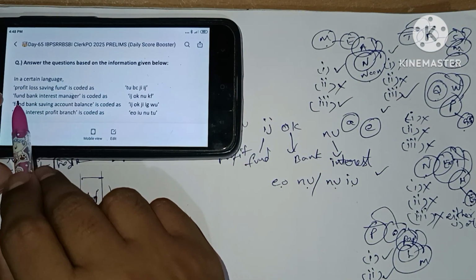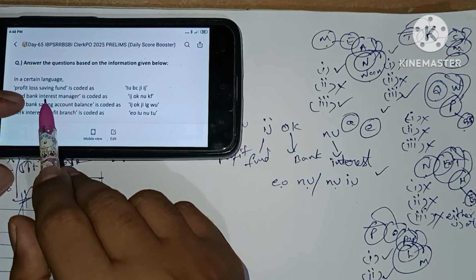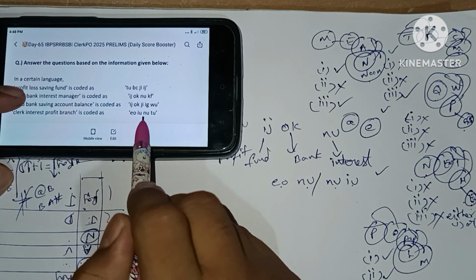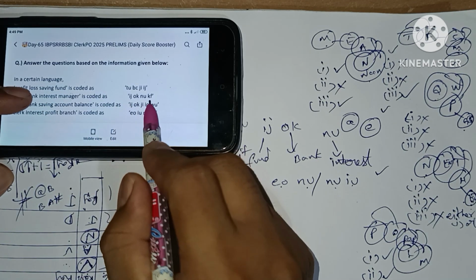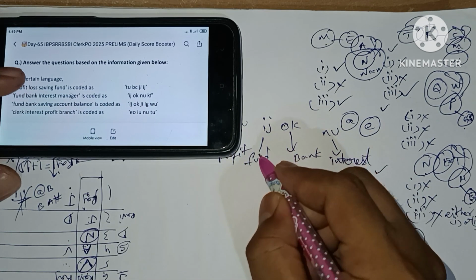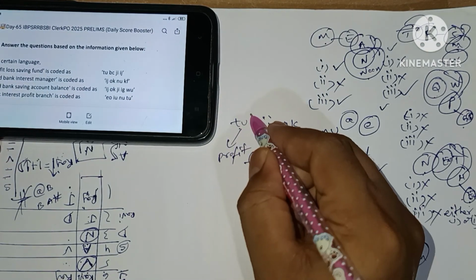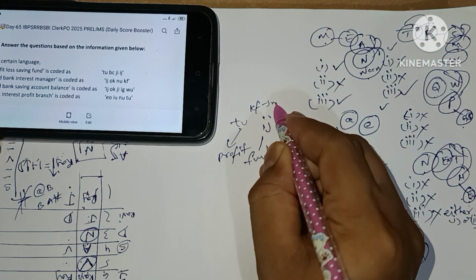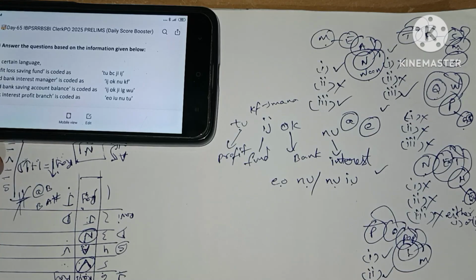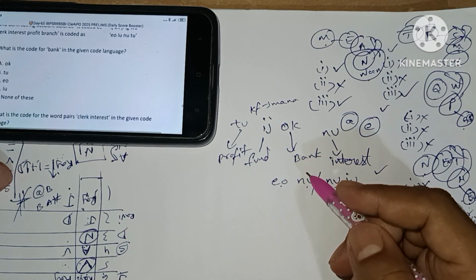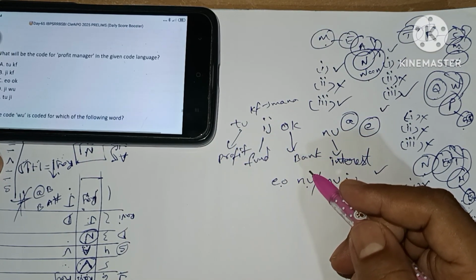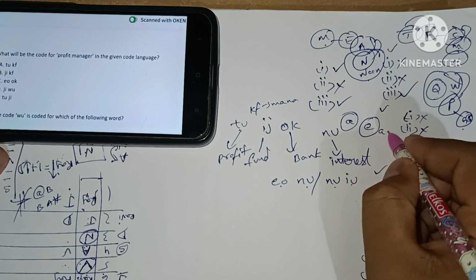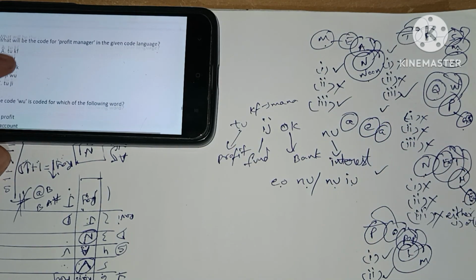Here we have bank fund. Interest, we already see interest, which is NU. We are left with KF, which is manager. So profit manager means TU KF. So answer is TU KF, option A is the answer.